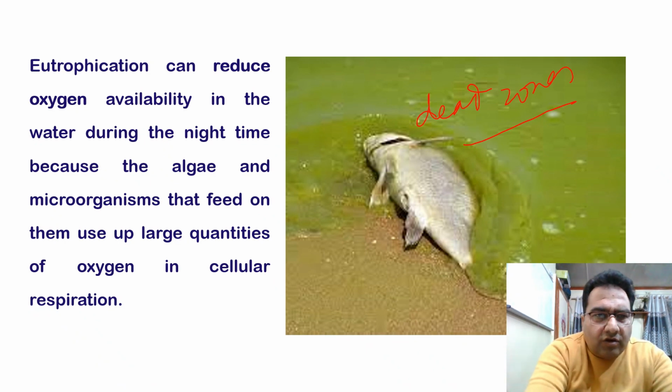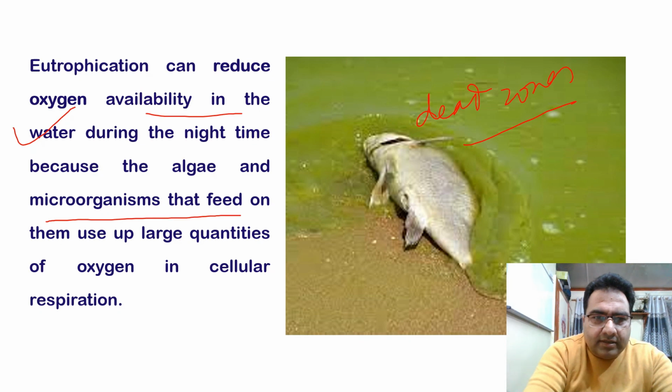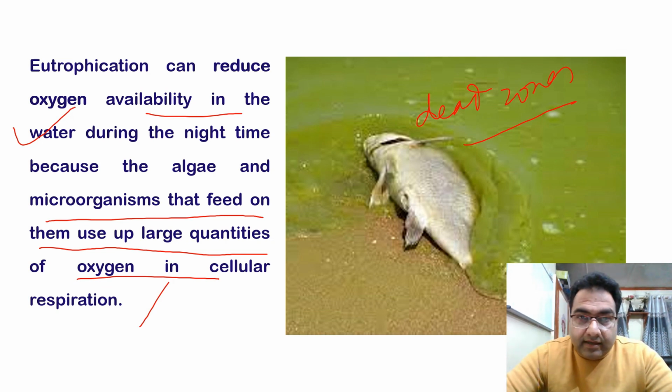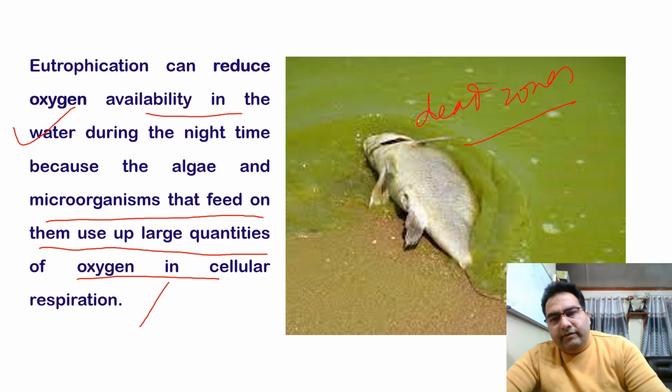Eutrophication can reduce the oxygen available in the water during night time, because the algae and the microorganisms that feed on them use up large quantities of oxygen in cellular respiration, and that is detrimental to the health of other living organisms.